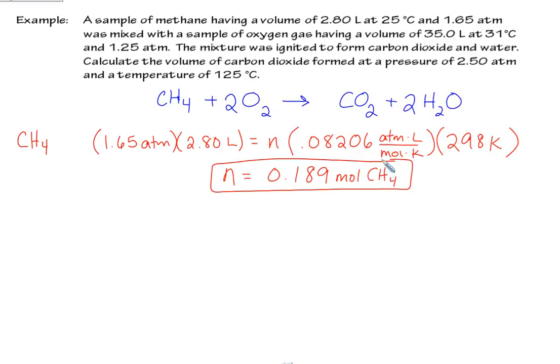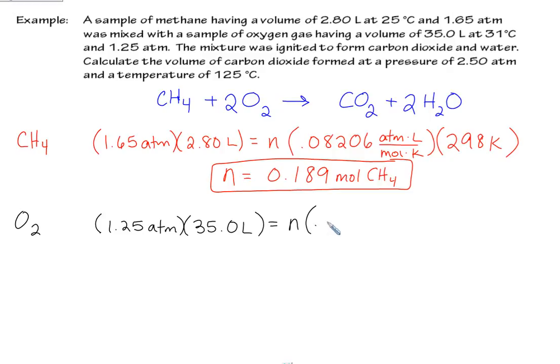All right. Now we're going to do the same thing with the oxygen. We're looking for a limiting or excess reactant. So let's do the same thing with oxygen. 1.25 atmospheres. The volume, holy man, 35.0 liters. I want moles.